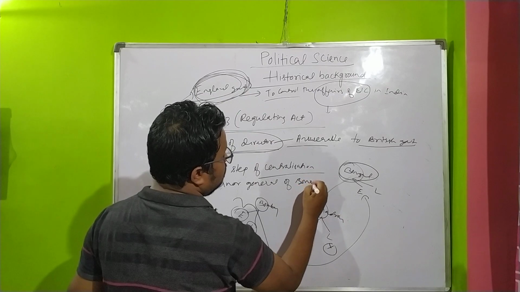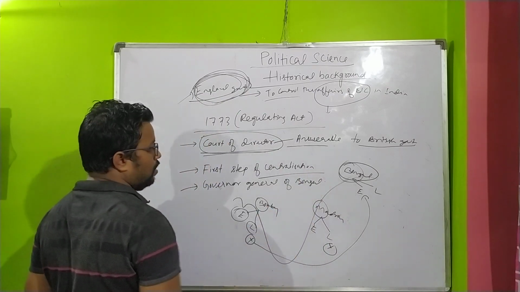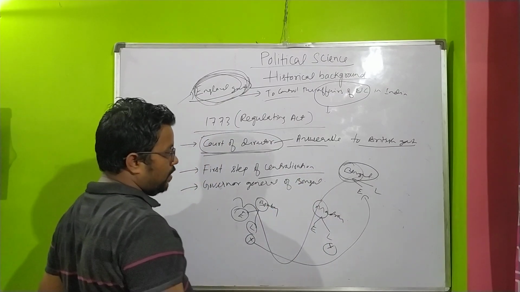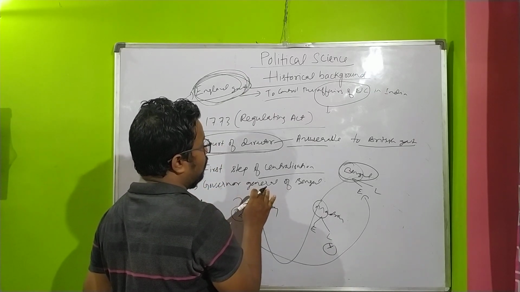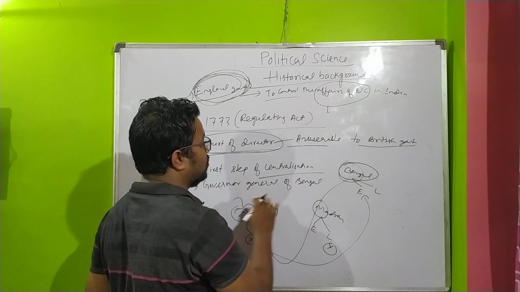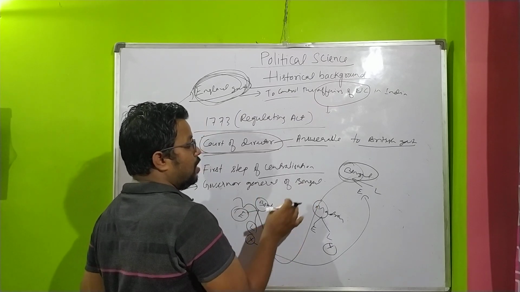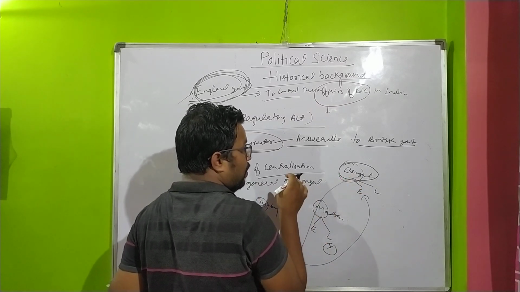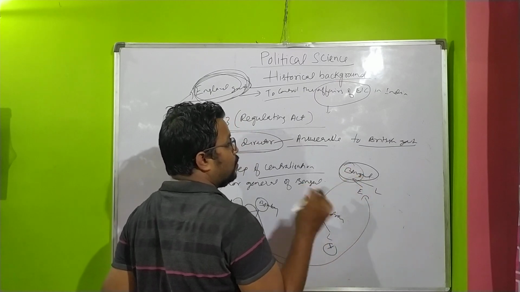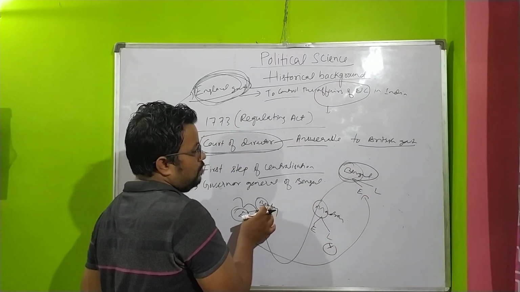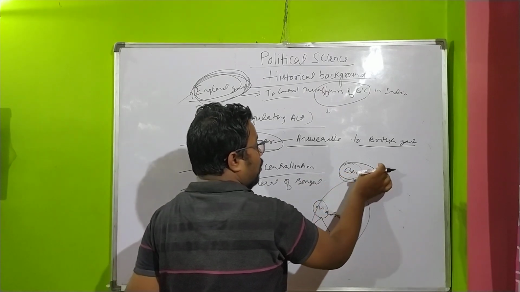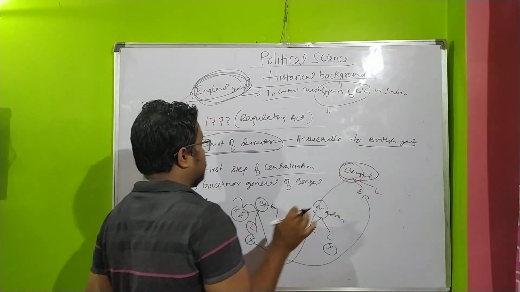And the first Governor General of Bengal was Warren Hastings. Why was the Governor of Bengal said to be the Governor General of Bengal? Because the Governor of Bengal was given more legislative powers than those of Madras and Bombay.